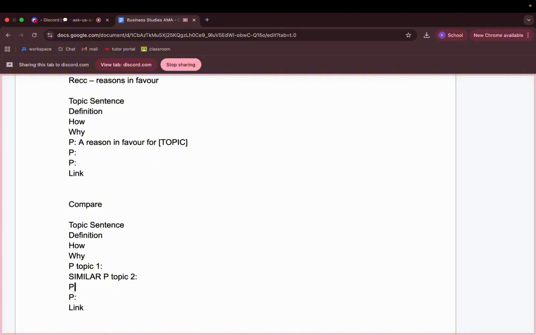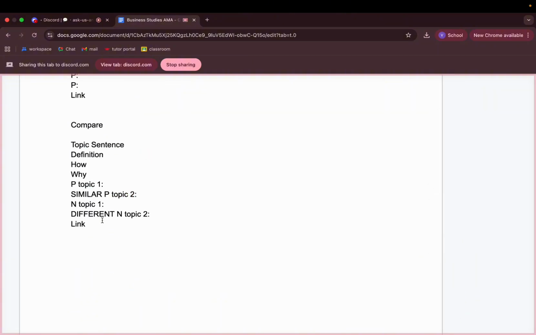Then I would probably go negative for topic 1, and then sort of different negative for topic 2, something like that. We can mix it up. I could even do two similar negatives, or I can just flip them around. A similar negative and different positives, right? So it doesn't really matter. But that's how I would do it for a compare.